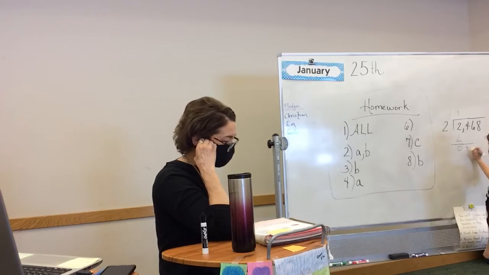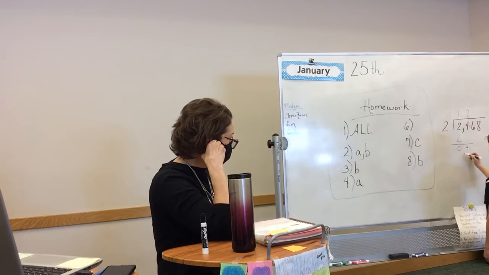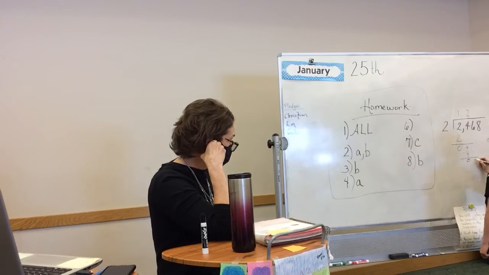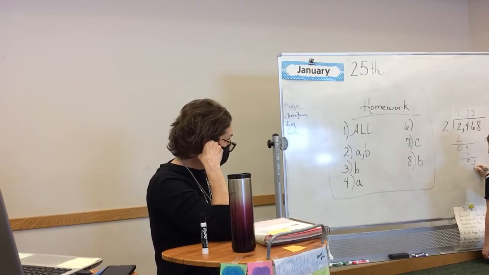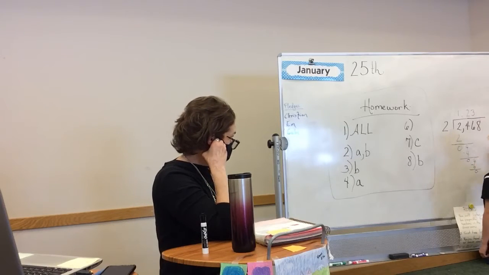How many times does 2 go in 4? Good. Now make sure, like all of our numbers, you position the numbers correctly. So make sure the 2 is above the 4, and the next number is above the 6. There you go. Very good. How many times does, good job. Now you got to take what down? Good.